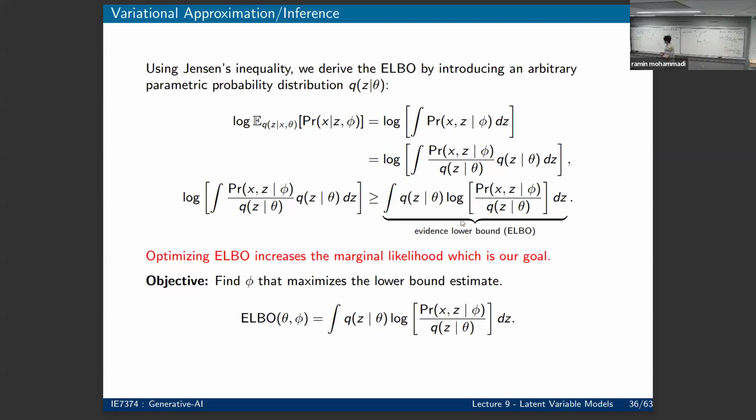Now this term, the lower bound, is called ELBO. Whenever you hear the term ELBO, it's focusing on this evidence lower bound from the Jensen inequality.